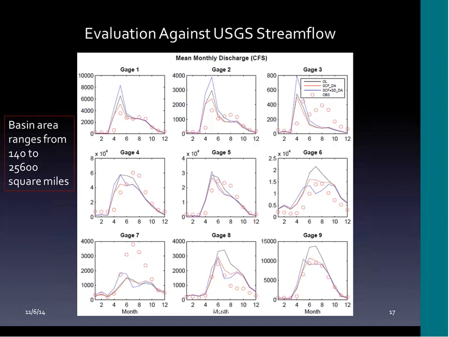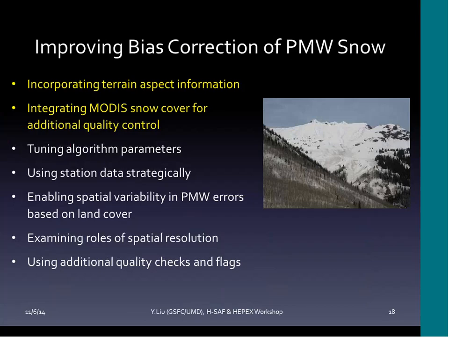The issue is that when we look at the first three gauges, the blue line is overestimating the flow, which comes from assimilating the satellite-based snow depth data. So we went back to our algorithm and tried to improve a few things.